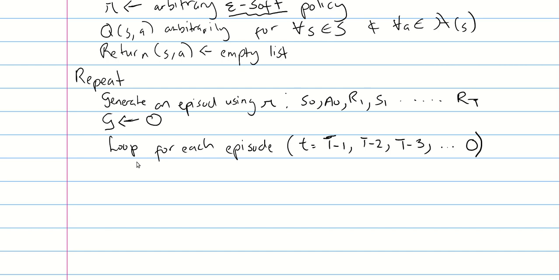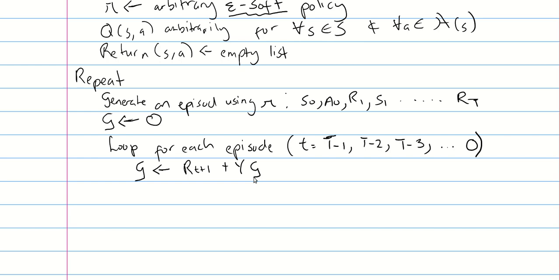So we're looping through the episode going in reverse, right? So what are we doing? We're setting G, the return, equal to R_{t+1} plus gamma times G, right?